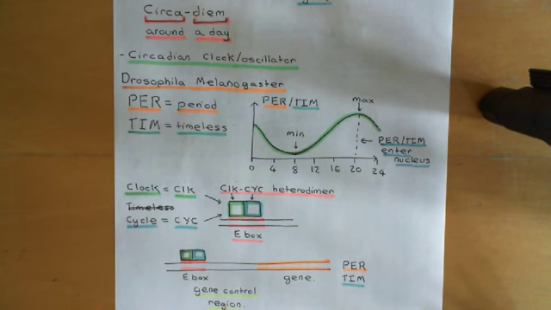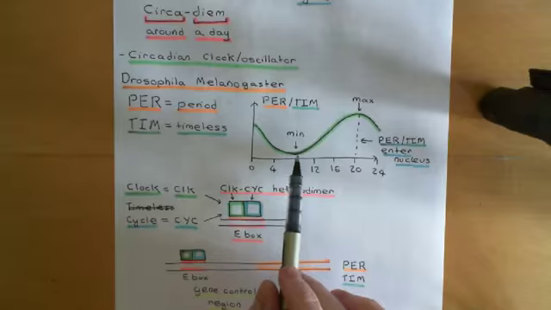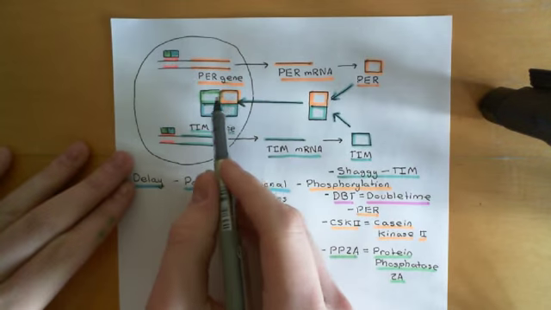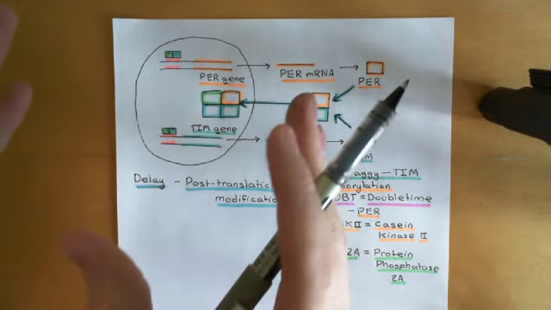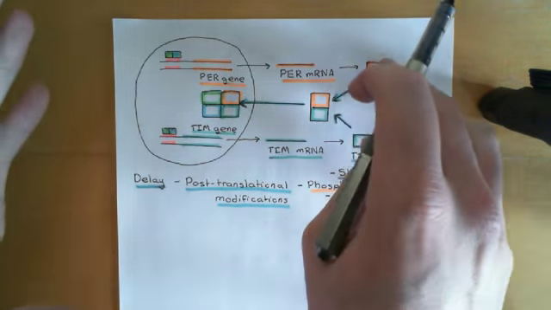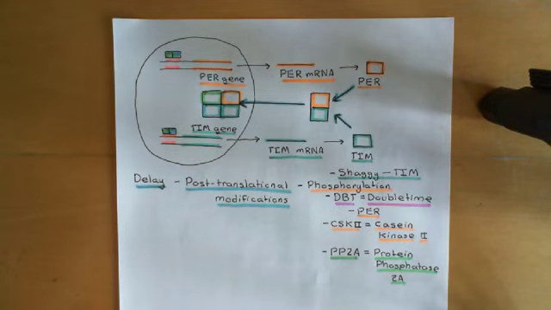Okay, and that now means that the clock and cycle heterodimers will be released at around 8 o'clock. So at 8 o'clock then, period and timeless will have gone from the nucleus, okay, with that great delay. So period and timeless were being degraded in the cytoplasm all through the night, but then there was some great delay about getting the period and timeless out of the nucleus.